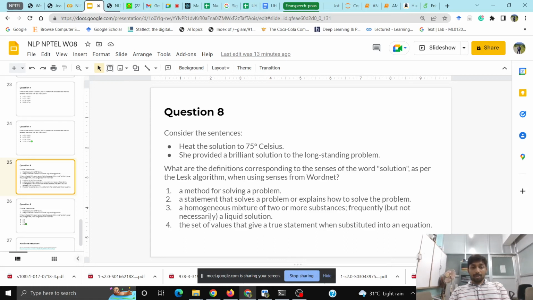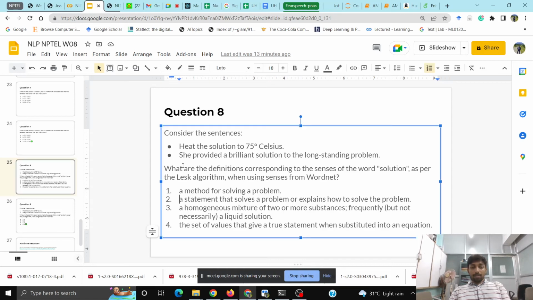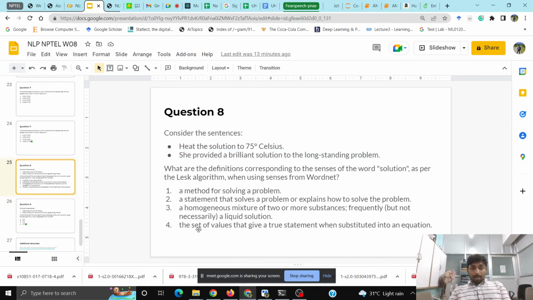The second one matches with this part, like the Sri provided a brilliant solution. That is a statement that solves a problem. I think there is some error here.